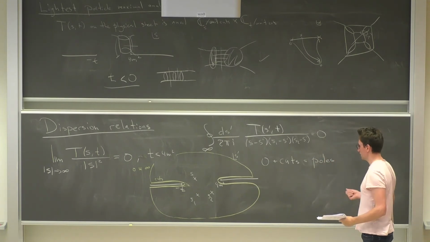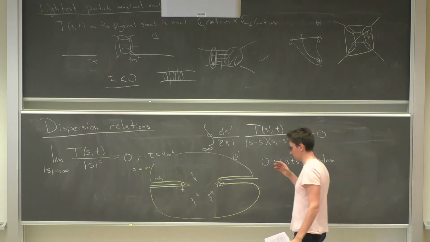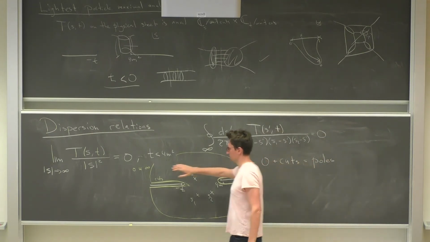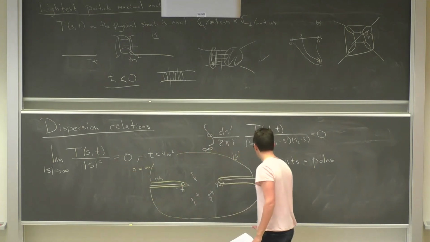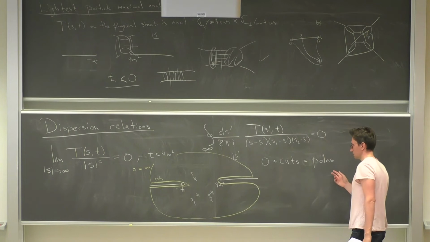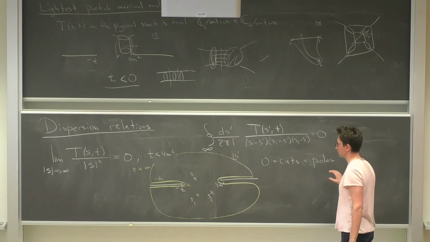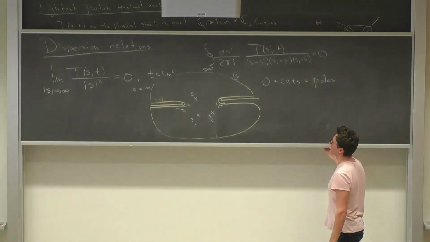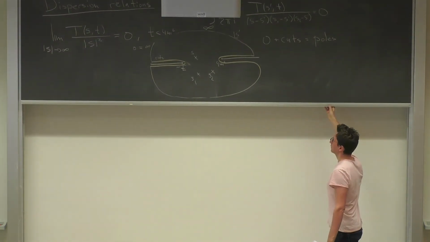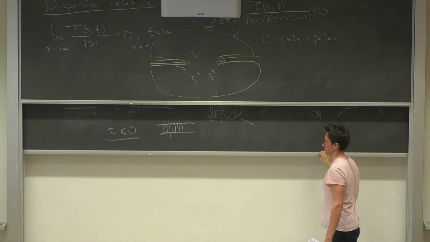So in here we see so far we just used analyticity and we used this bound on the growth of the amplitude. So this type of relations, this is what is known as dispersion relations, and let's work them out in some detail.